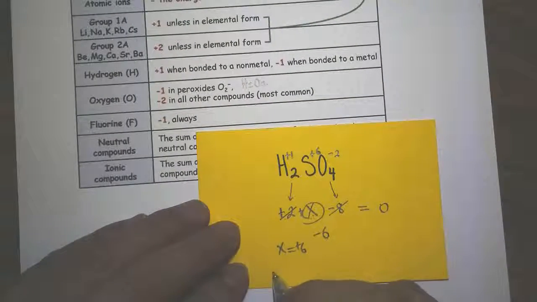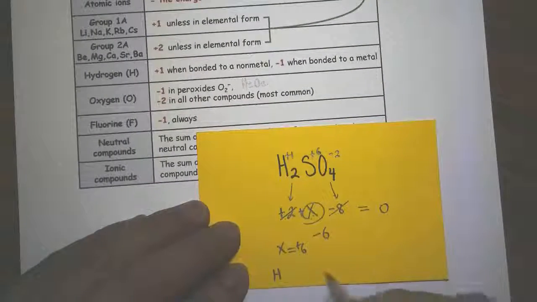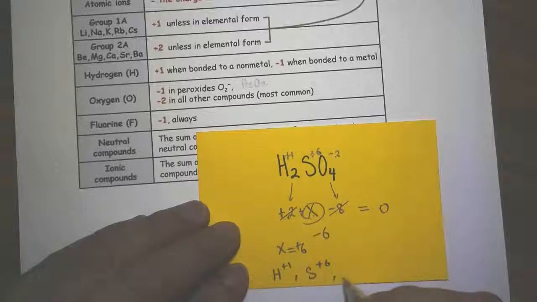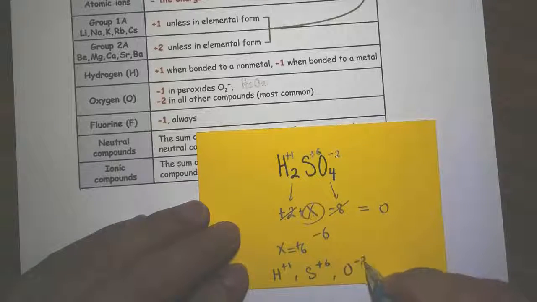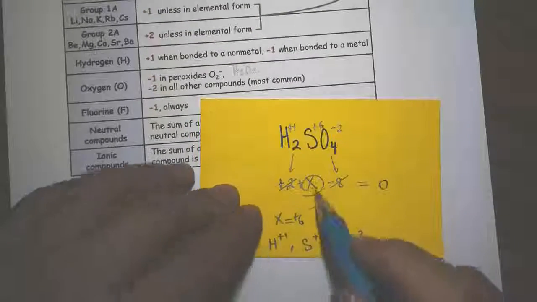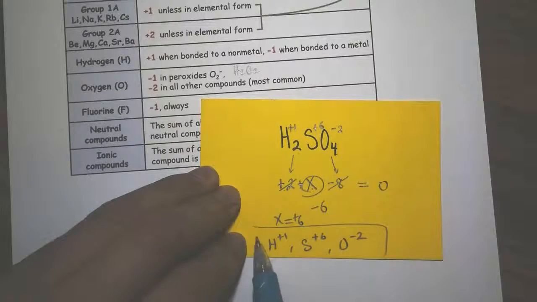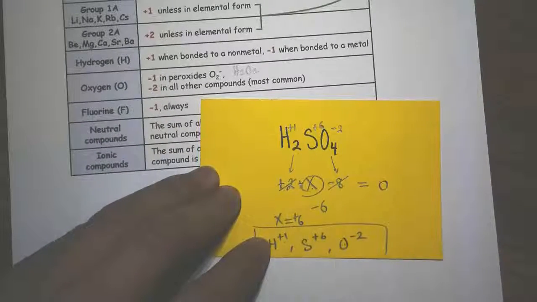Our final answer is that hydrogen is +1, sulfur is +6, and oxygen is -2. And notice how we don't care about the subscripts 2 and 4 when we look at the oxidation number of each atom. Let's try another problem.